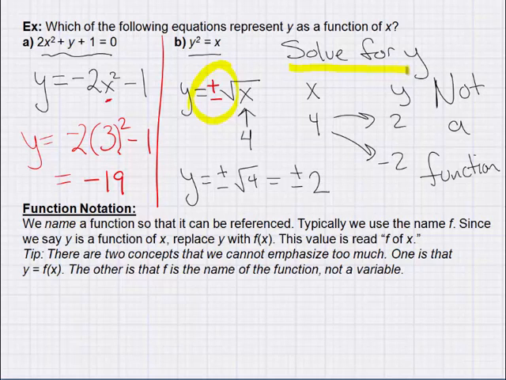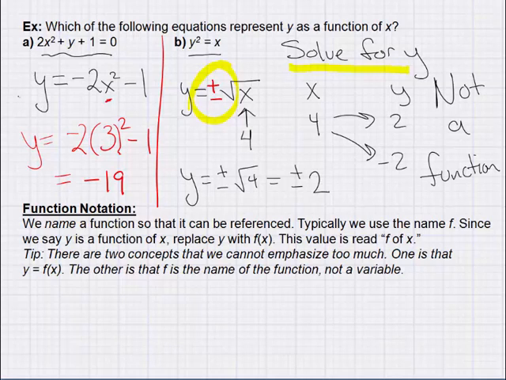So we don't want to have to do this all the time. We want to look at an equation and automatically know it's a function. So the way we can do that is by what we call function notation. If I look at this first equation, a, and I solve for y, I don't have to check to see if this is always a function.